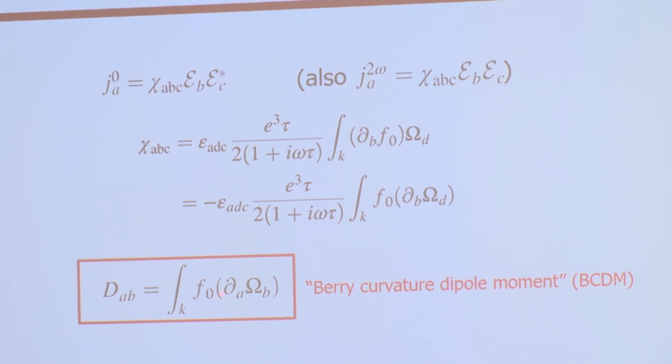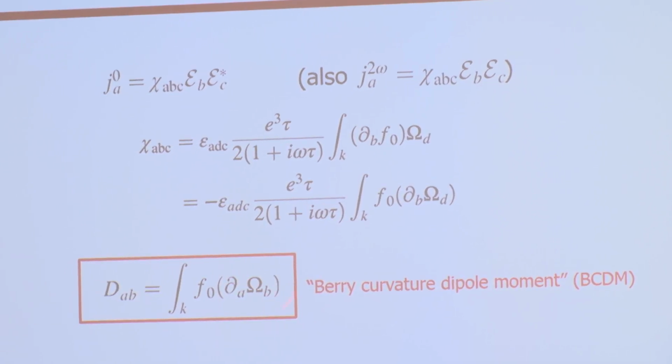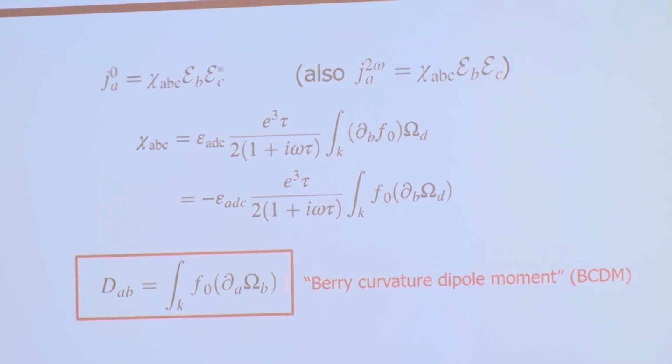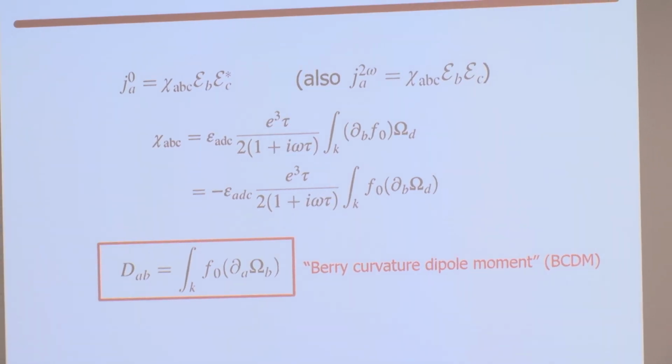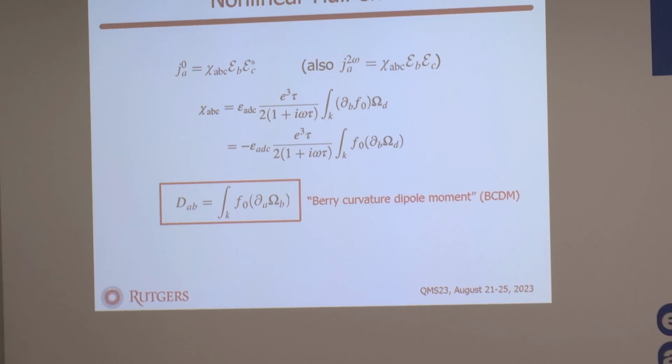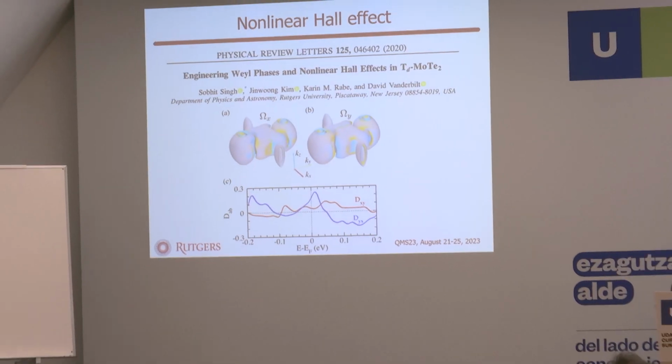In Sodemann and Fu, they introduced this notation D_ab for this, and it's really effectively a third-rank tensor, although it doesn't look like it, but we're representing the second-rank tensor Berry curvature in the pseudo-vector notation, so it's a nonlinear response.